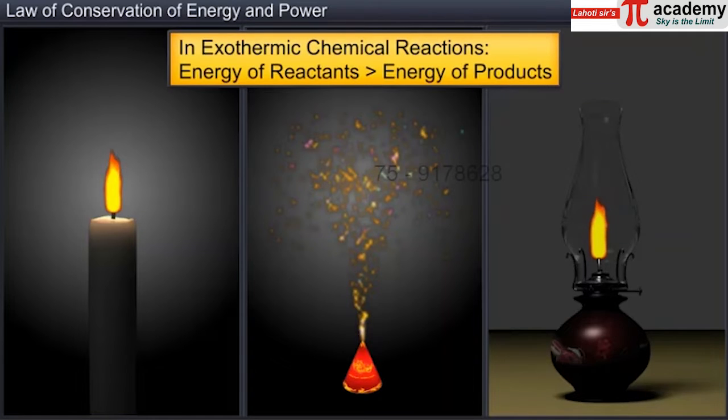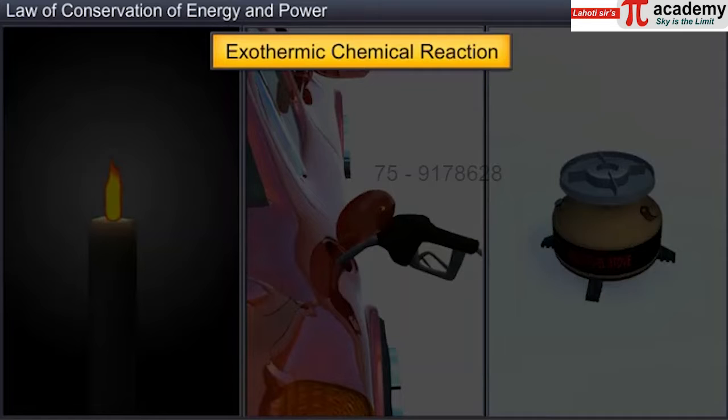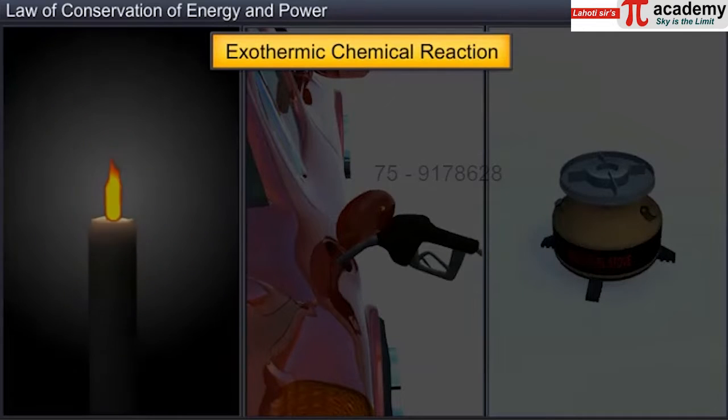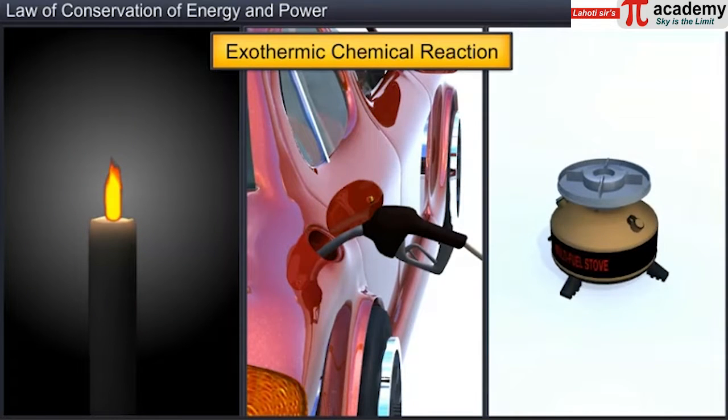Thus, in an exothermic reaction, the energy of the reactants is greater than that of the products. Hence, exothermic reactions like combustion of fuels are indispensable in catering to our daily energy needs.